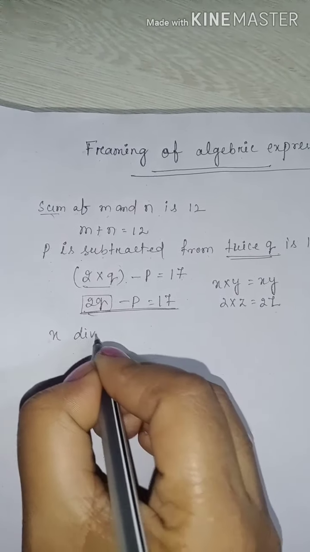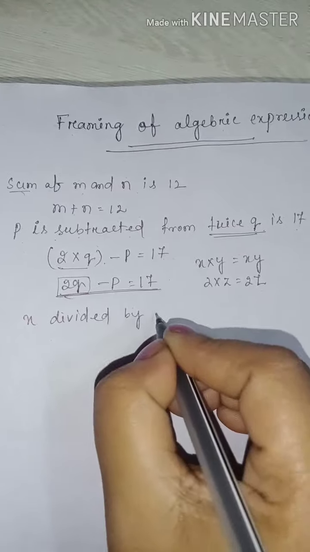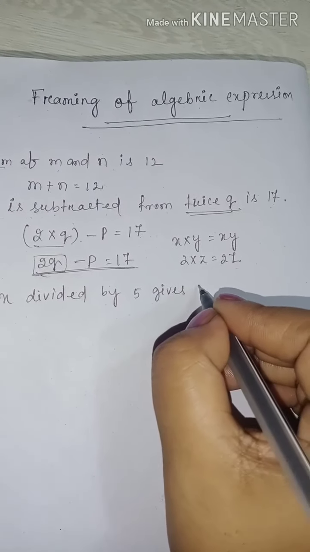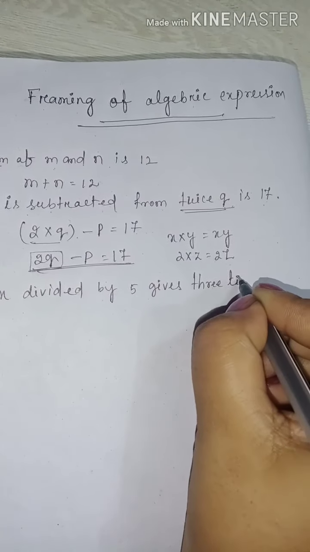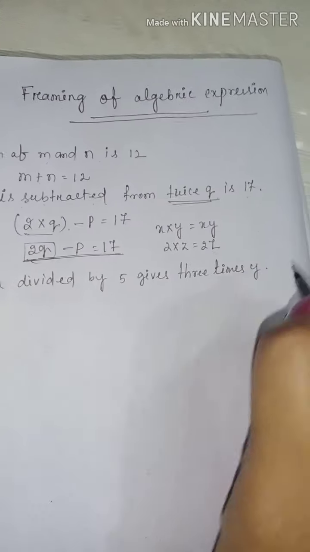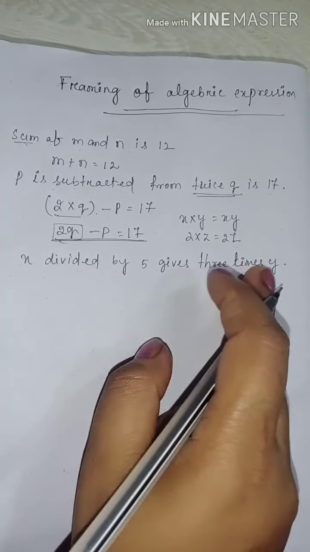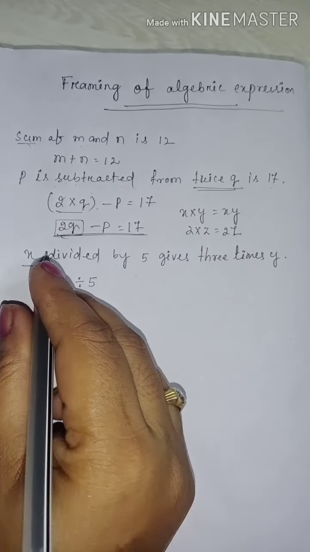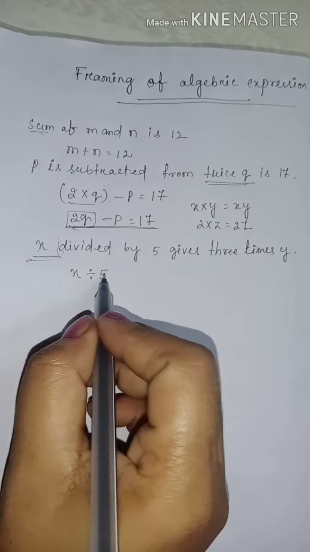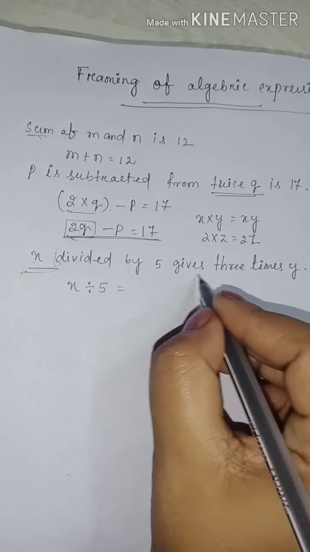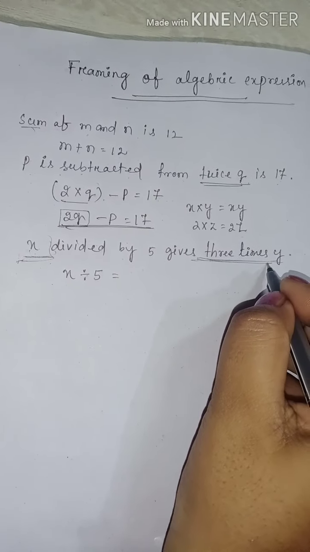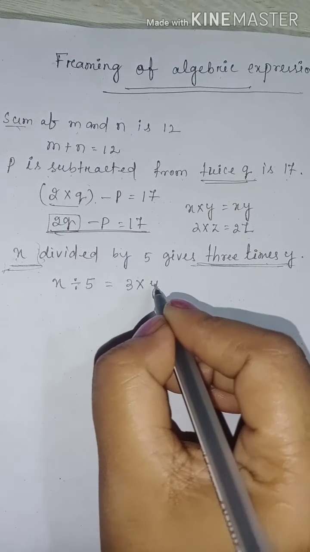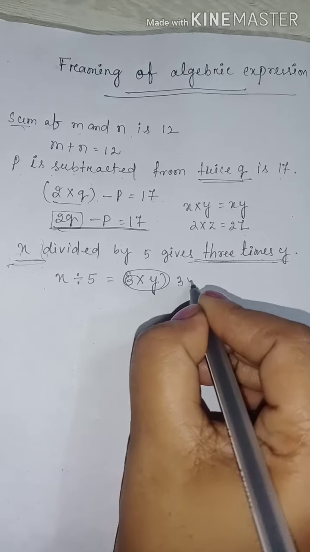See, x divided by 5 gives 3 times y. Okay, x divided by 5 gives 3 times y, means what? x is divided by 5. x is the unknown number represented by a variable, divided by 5 gives, what is the answer we got from the division? 3 times y means 3 into y, which is 3y.